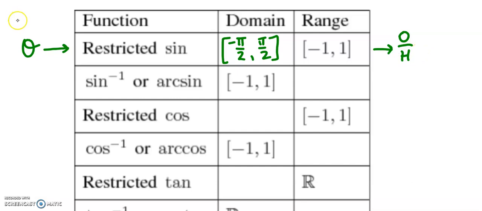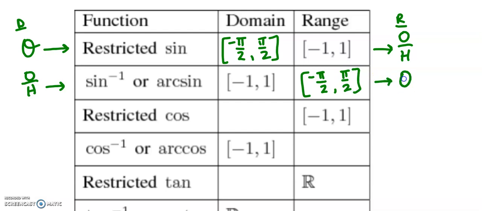Well, if this is my domain, and this is my range, right? To find the inverse, I flip-flop those. So in goes an opposite over hypotenuse number, somewhere between -1 and 1, out comes an angle between -π/2 and π/2. So the output is now some sort of angle theta.